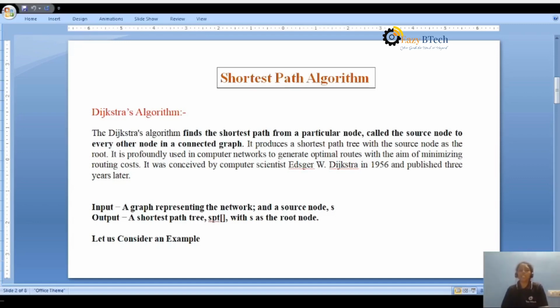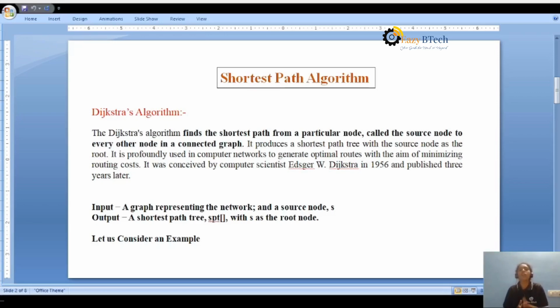This Dijkstra's algorithm was introduced by computer scientist Edgar W. Dijkstra in the year 1956, but for some reasons it was published three years later, in 1959. We use this algorithm to find the shortest path and generate optimal routes.